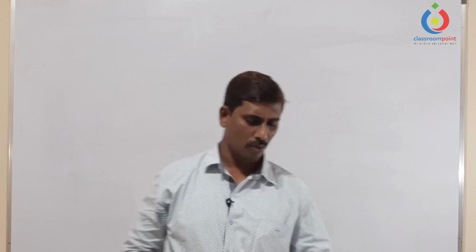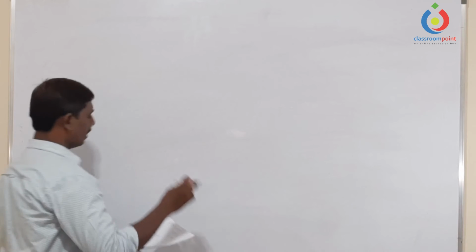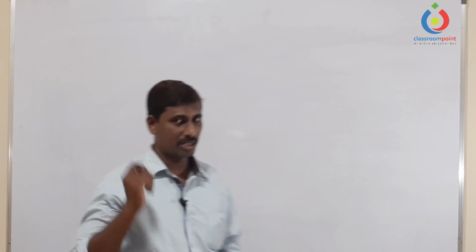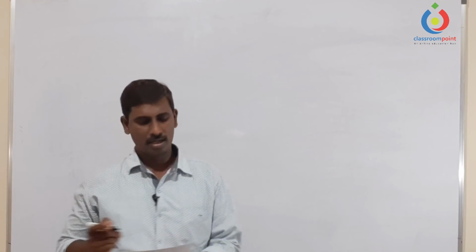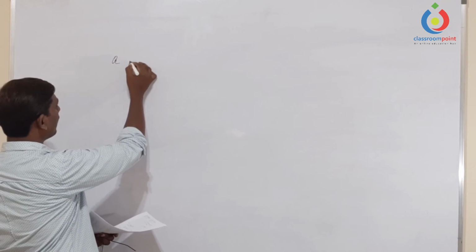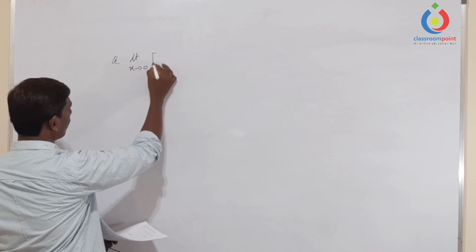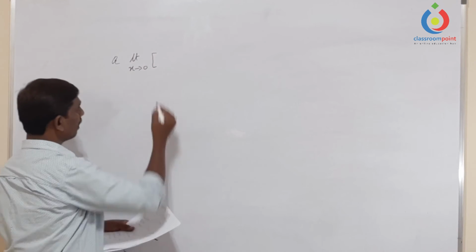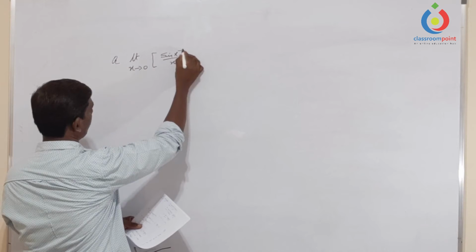Limit x tends to 0. One more problem, a small problem, but it is very, very important and there is some subtlety in it. Just see once. Limit x tends to 0 integral part of sin x by x.